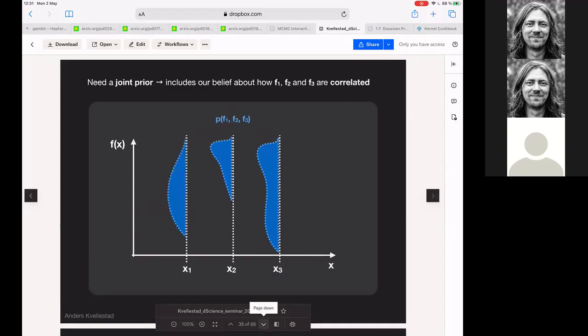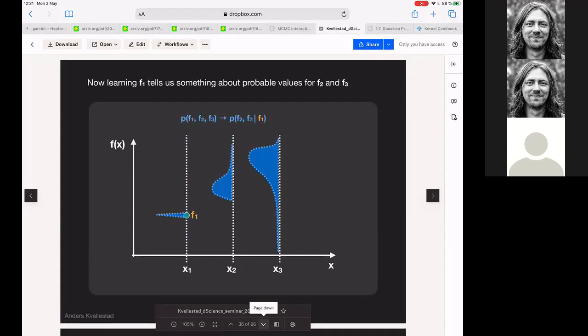So what we need is to formulate a joint prior. So say we have a joint prior P of f1, f2, f3. Then if we now learn the function at one point, that actually changes the probability distribution at the other points.